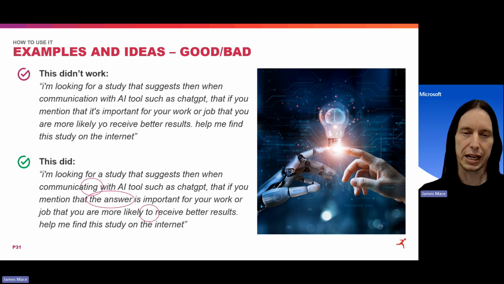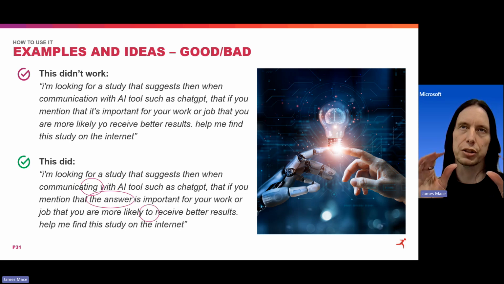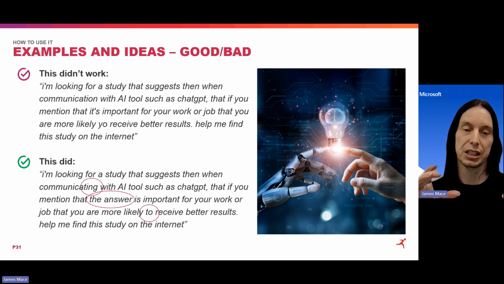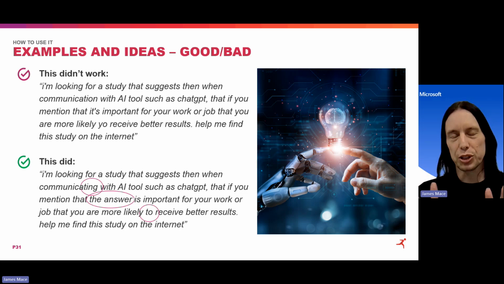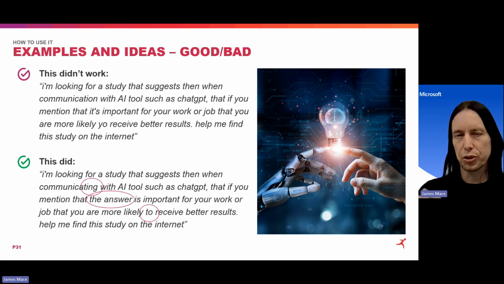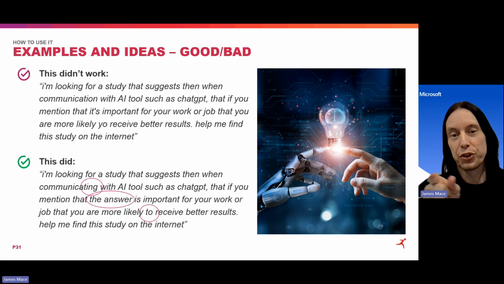I thought about it for a minute, and I did that iterative thinking about my prompt. And rather than continue the conversation, in this case, I actually just edited my prompt. You'll notice I changed a couple things. Some of this is probably just spelling mistakes, "yo" to "to," "communication" to "communicating." Arguably, natural language processing and large language models can usually figure that stuff out. But the key point that I think made the second prompt work versus the first is, in the first one, I said, "Mention that it's important for your work."